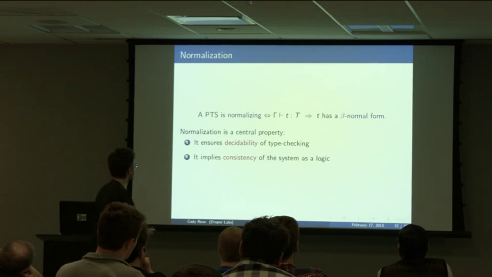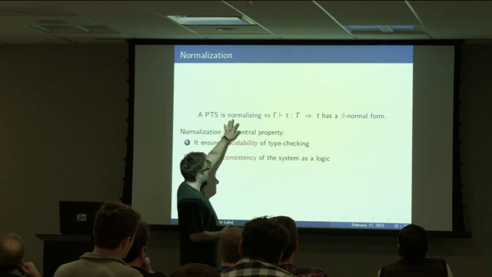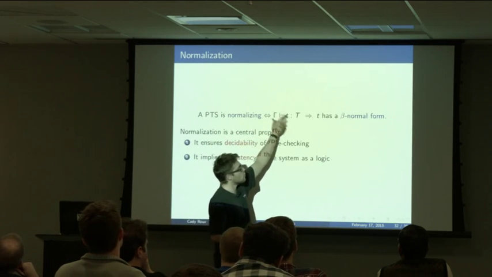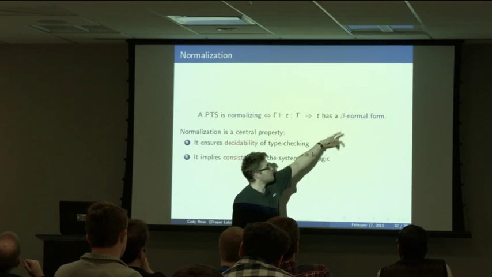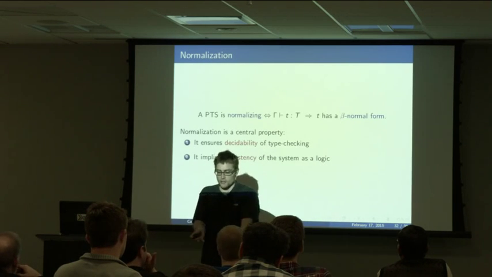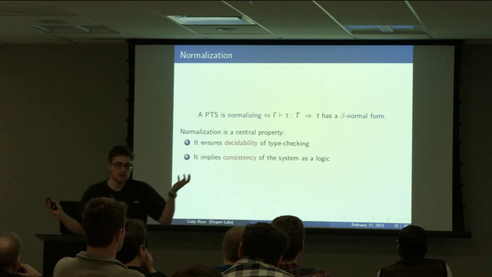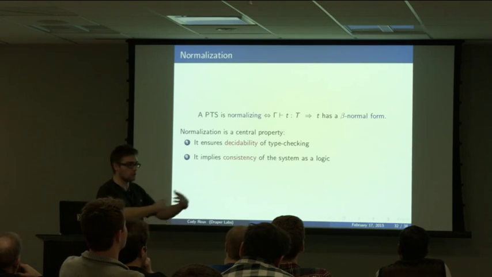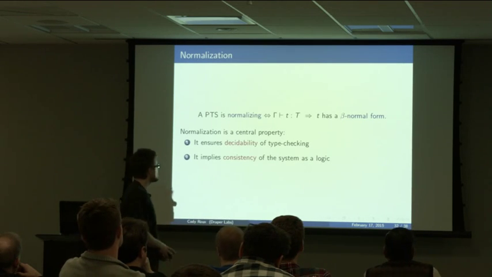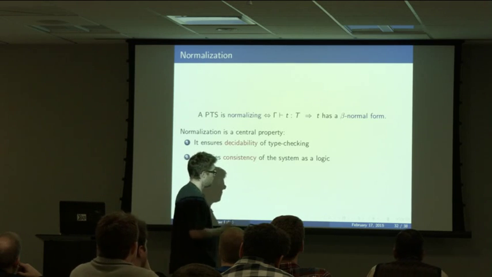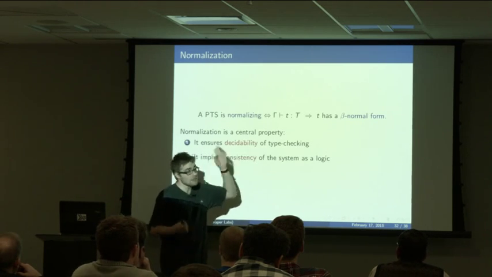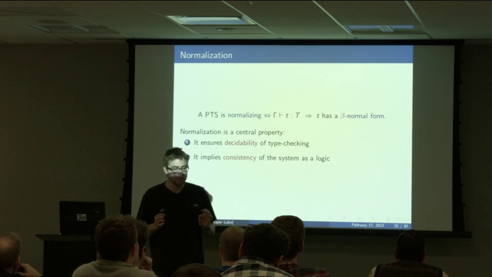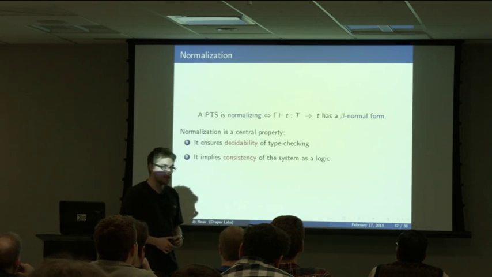All right, so the PTS is called normalizing if whenever you have a program in that pure type system, then you can evaluate it, and eventually it'll stop evaluating at some point. It will give you a result rather than looping. It's a useful property because, one, it implies decidability of type checking, which is something that we have to admit is kind of convenient.